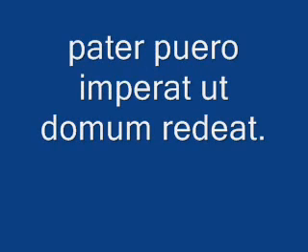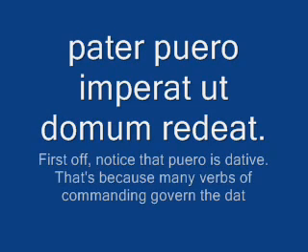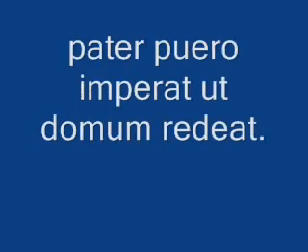Now, before we get to the ut clause, notice that puero is in the dative, pater puero imperat. Why is it dative? You may recall that many verbs of commanding in Latin take the dative case. For now, just accept the fact that many verbs of commanding take a dative, where we might expect an accusative because we're used to it being a regular transitive verb in English. So once again, the father commands the boy.